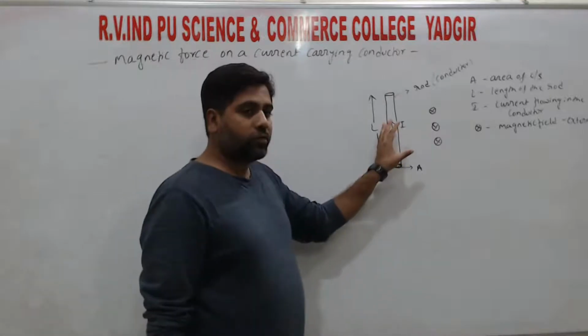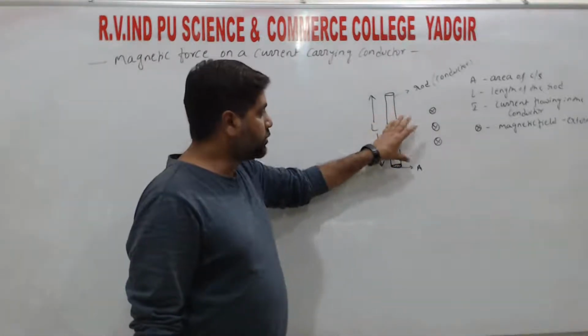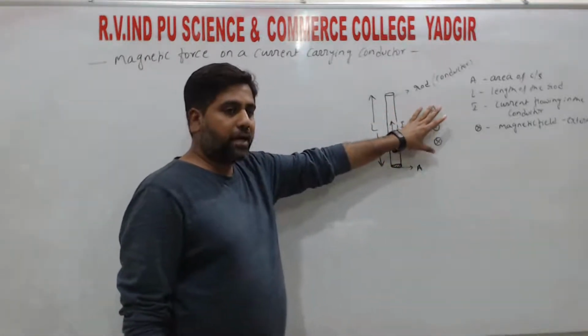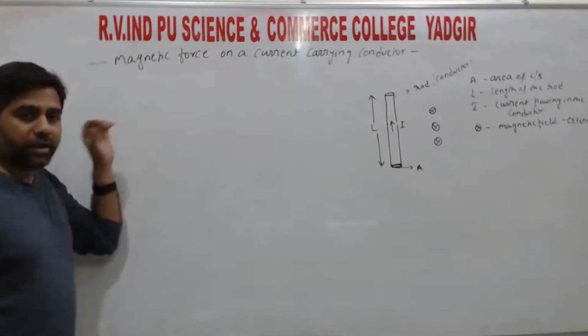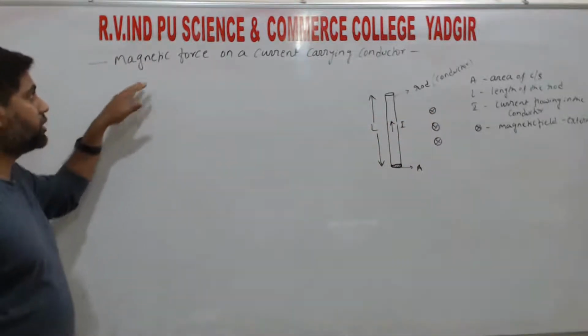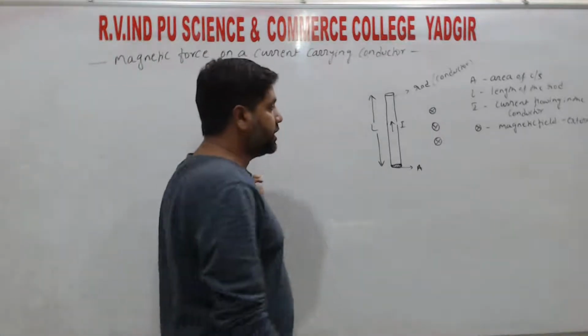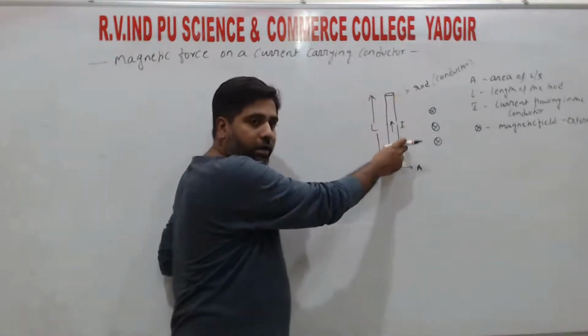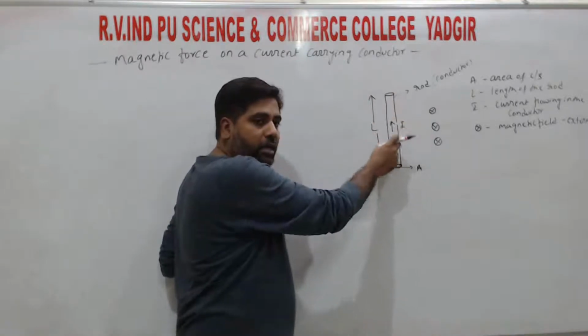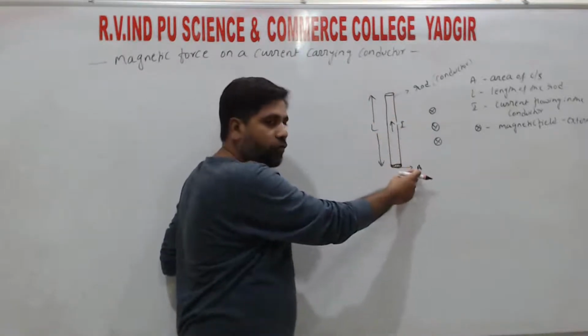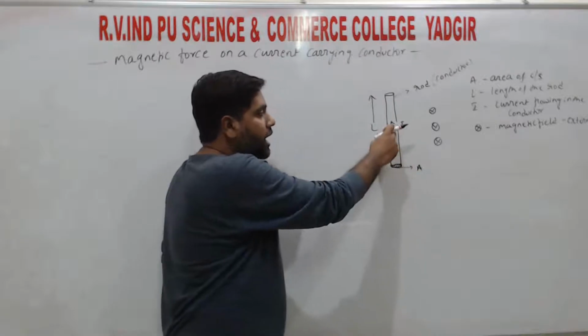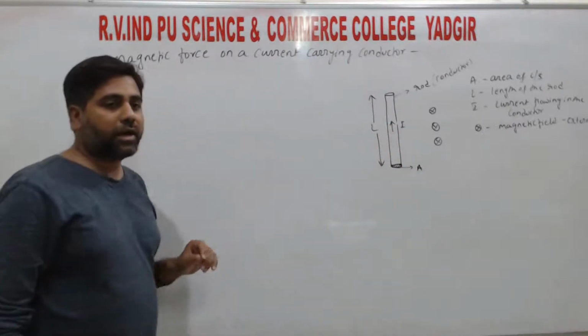We are going to observe what happens when the conductor is placed in an external magnetic field. That is the derivation we are going to do: magnetic force on a current carrying conductor. For this, initially consider one conductor or rod having length L and uniform area of cross section A, and I is the current flowing in the conductor, right?